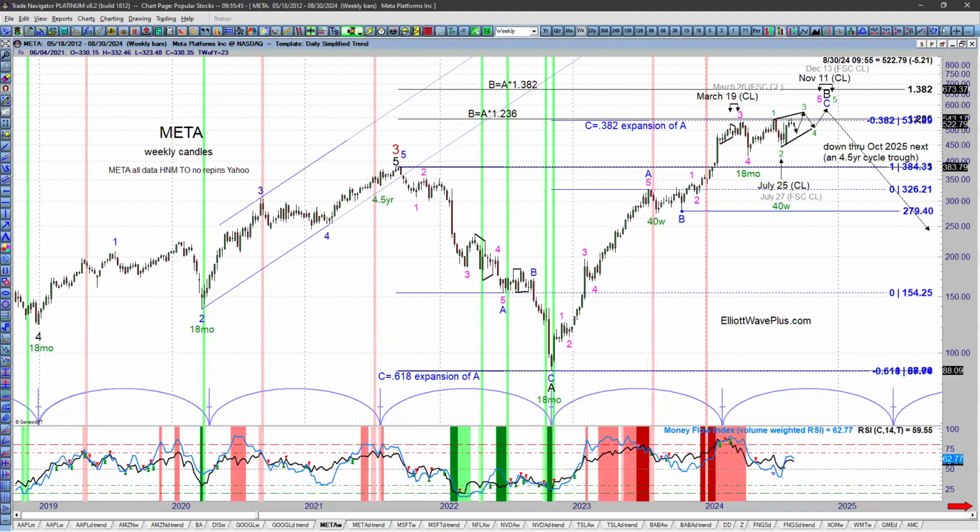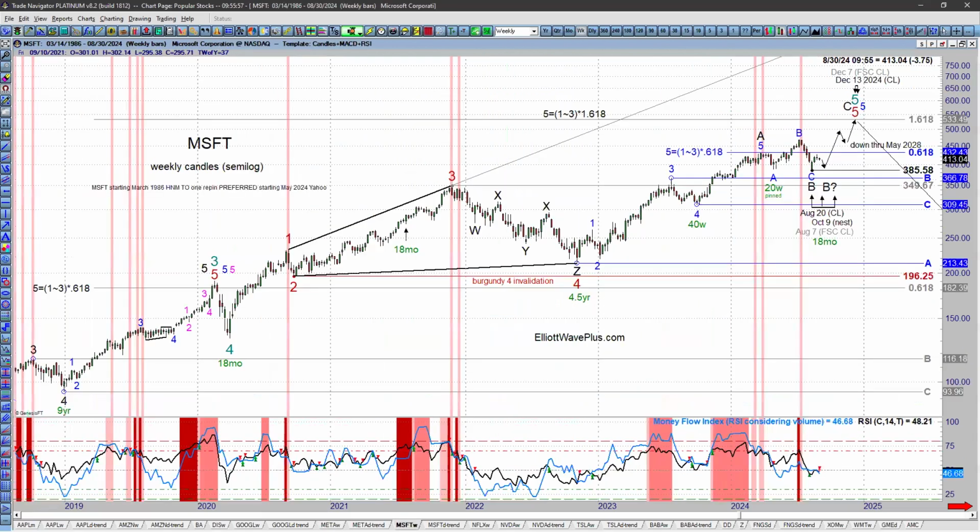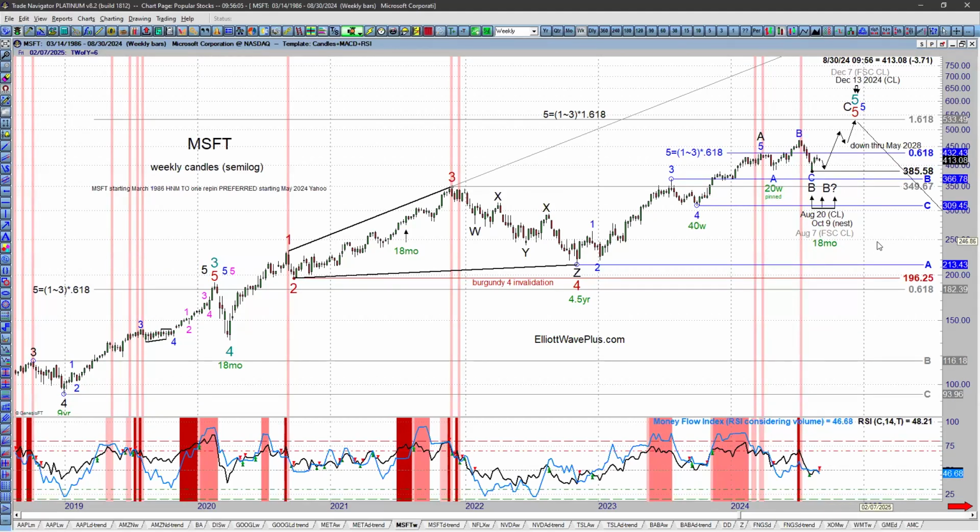Meta, the move up through late November, and an ending contracting diagonal. Microsoft, I think, is going to be a big winner late. So I think we'll be right back to some core large caps that will drive this last fifth wave up into late in the year on the stock market.